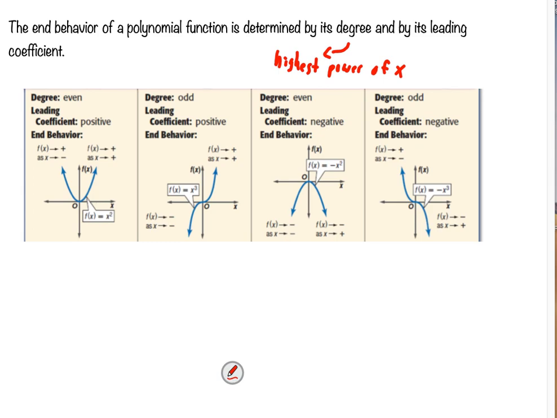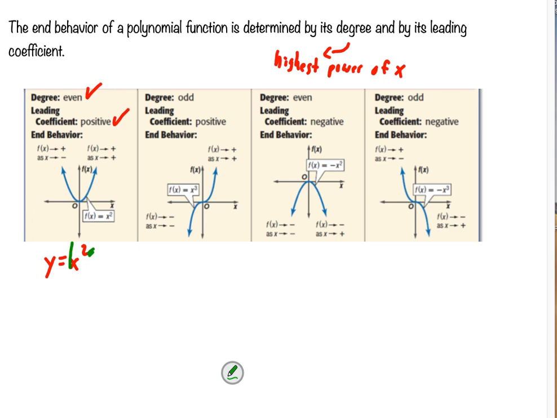We're looking at an even degree, and a leading coefficient that is positive. So our example happens to be a quadratic, so it's y equals x squared. Its leading coefficient there is a 1, and 1 is positive. Its highest power of x is x squared. And 2, 4, 6, 8 are all even numbers, and that 2 is an even number. So we're saying it has a degree that's even.